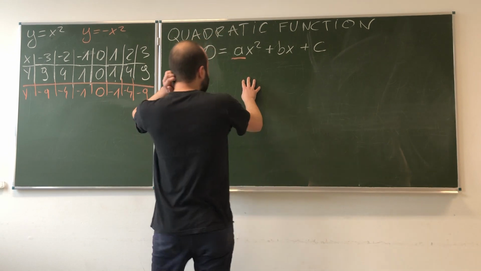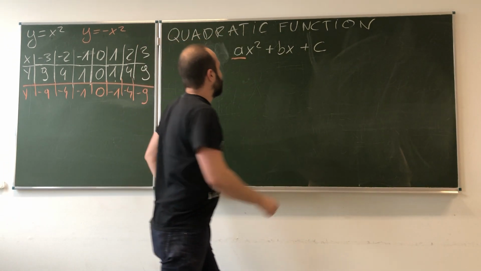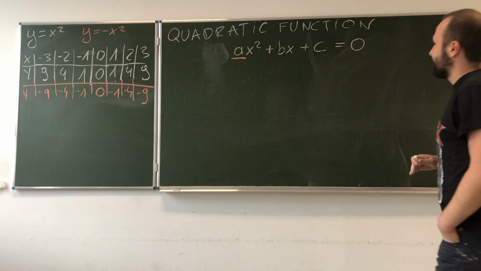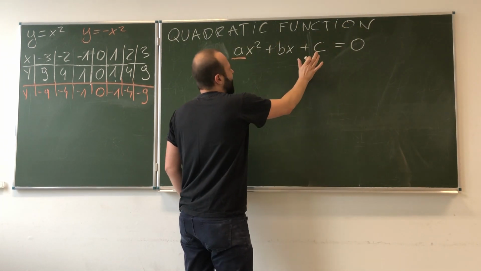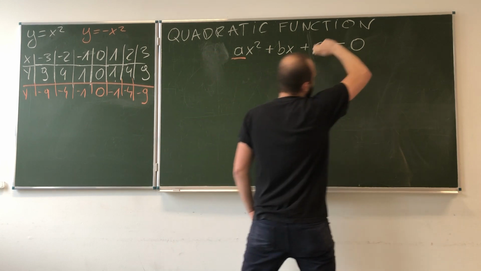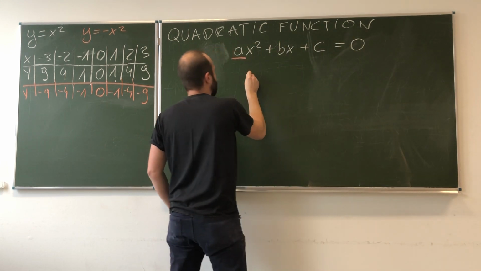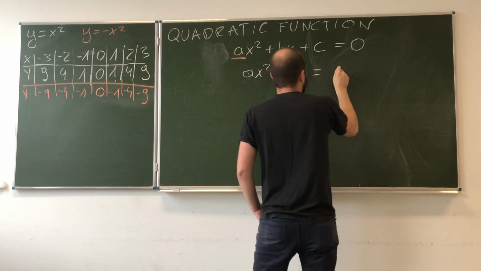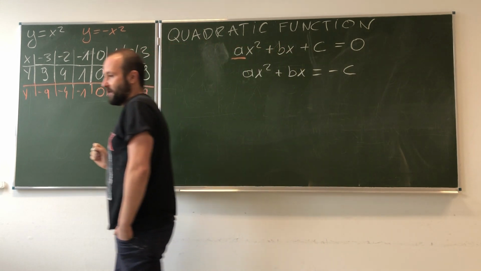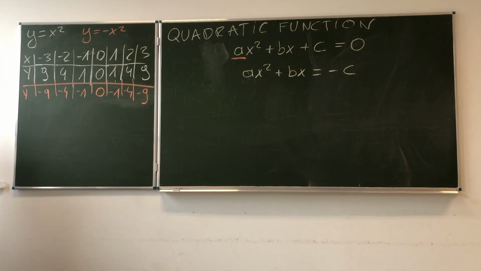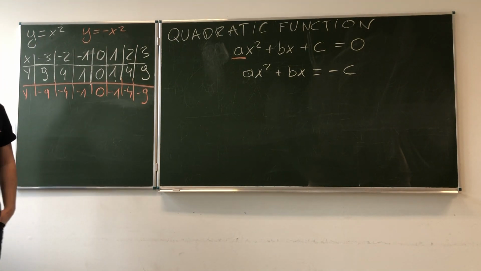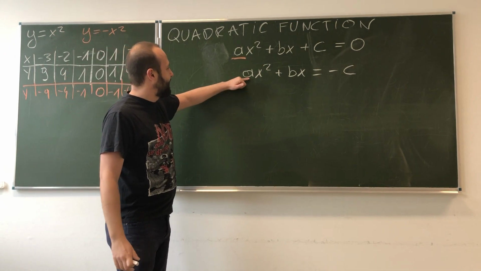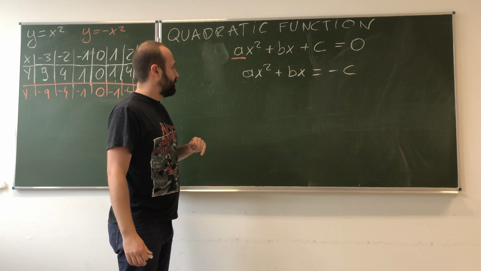Okay, so let me change this a little bit to make it easier. What is the first thing I'm going to do? First, I'm going to take this C and move it to the other side of the equation. Then, in the second step, I want to get rid of A next to x squared, right?